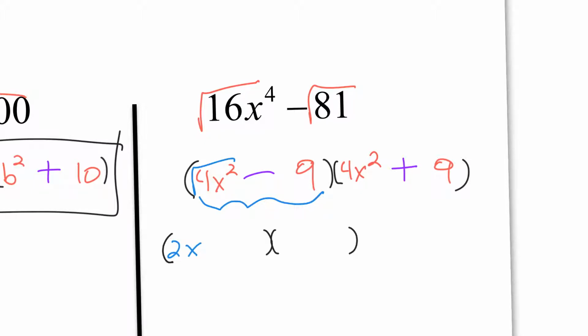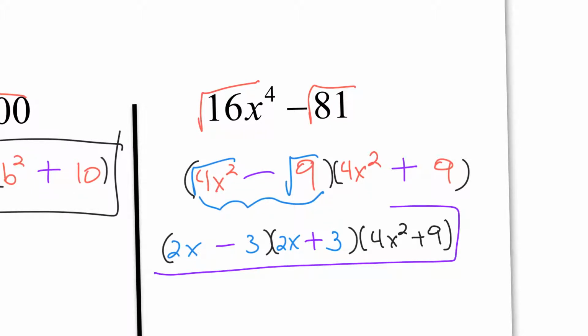The square root of x squared is x. 2x. The square root of 9 is 3. 3. We need a minus. We need a plus. This one here, the 4x squared plus the 9, even though the 4 and the 9 are perfect square numbers, we have a plus. Remember? Nope, you cannot factor that one. So we leave it as 4x squared plus 9. So my answer is all this.